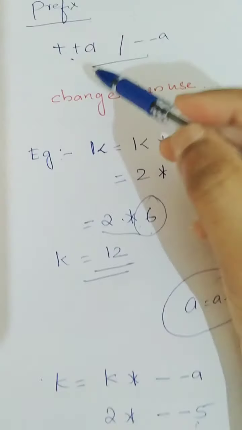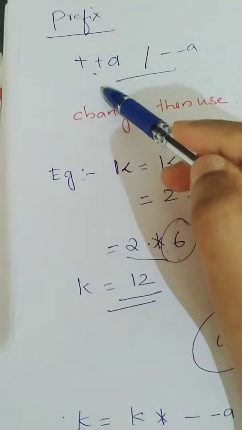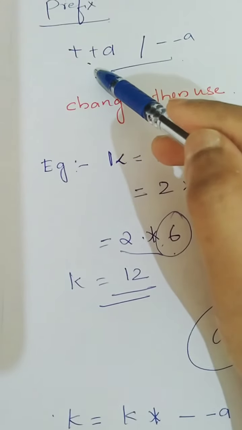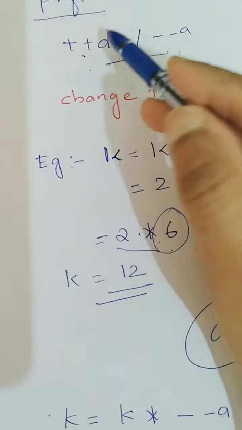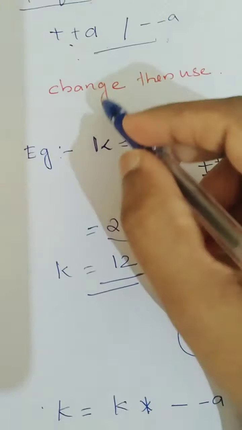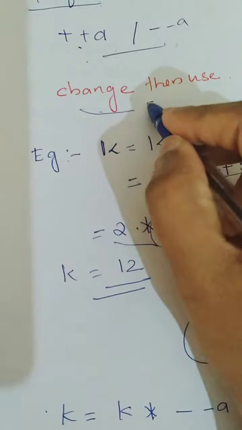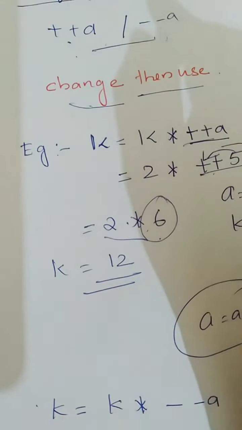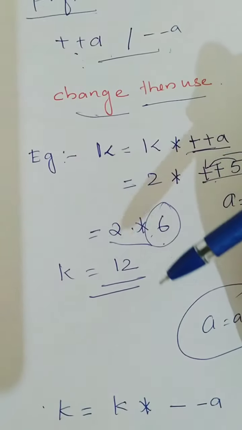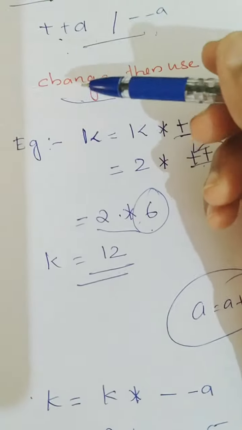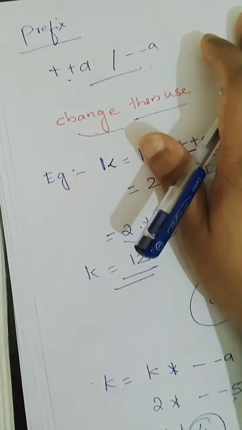So when the operator comes in front of the variable, its rule is change the value and then use. Be clear, it is a very important topic. It will come in the term exams and also in the 10th board. You can expect differences or output questions. It will surely come.